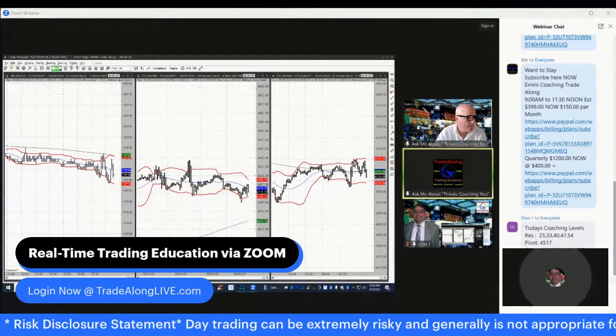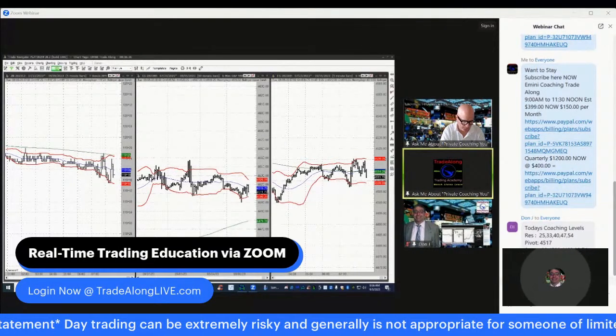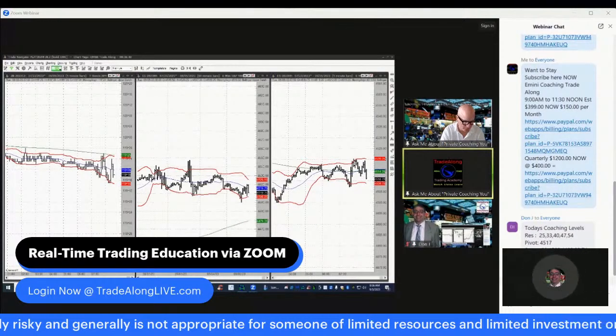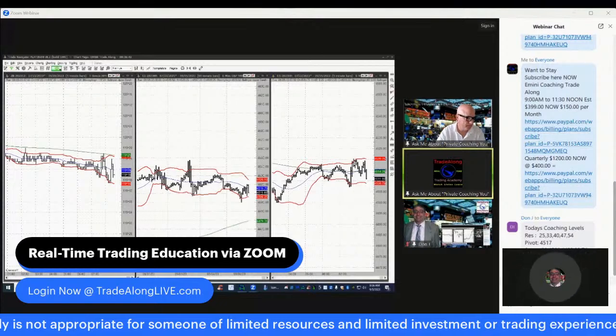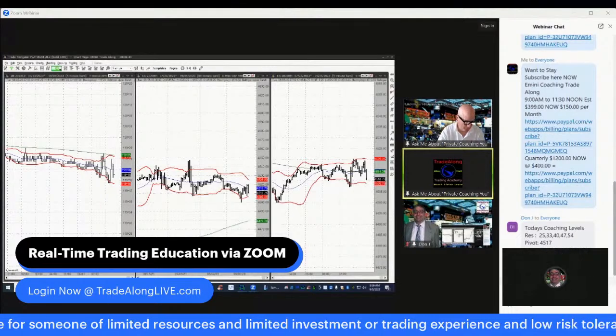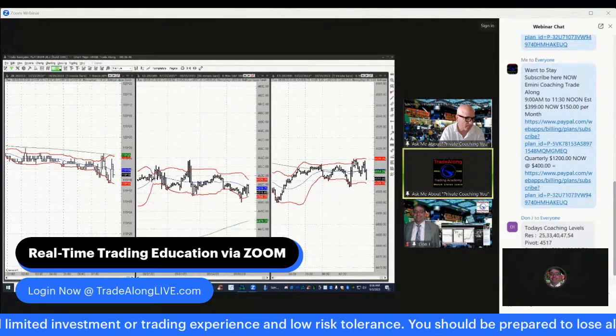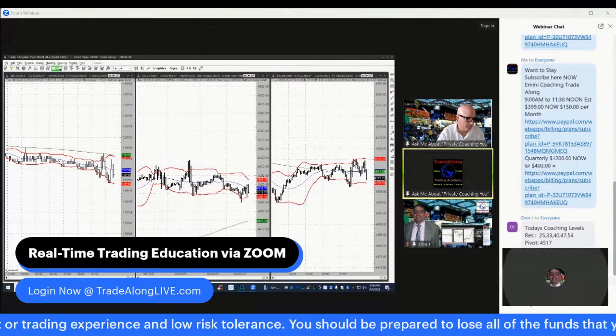We're drifting down a little bit, a little support around the 9 area. Market slowly dripping down here a little bit. I'm looking at the 9 area for a little bit of support.